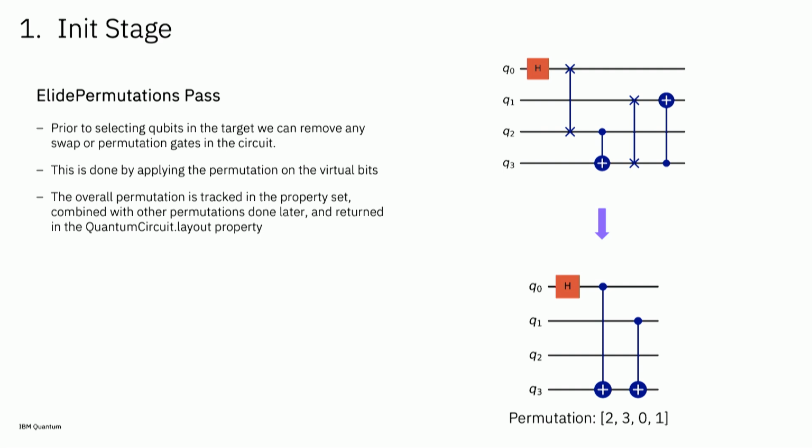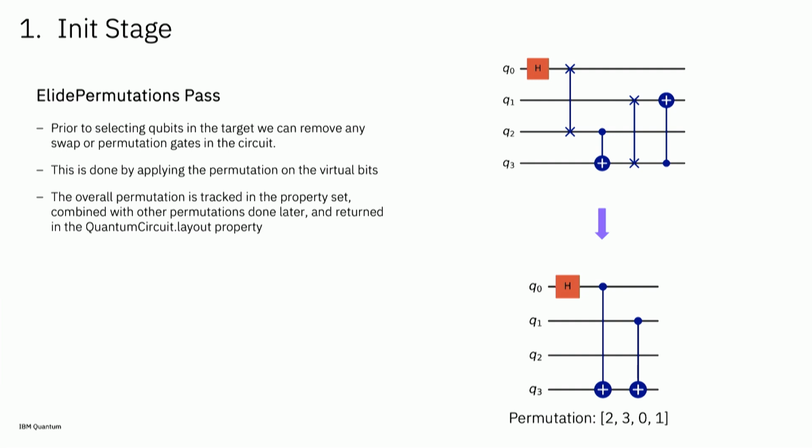But if there are any permutations in the circuit, like a swap gate, or there's also something called a permutation gate, which is just like a swap network, we don't actually need to execute those swaps because we haven't picked physical qubits. We can simply swap the virtual qubits in the circuit and have the same effect as running a swap gate would, ideally because there's no actual physical gate that we're running.